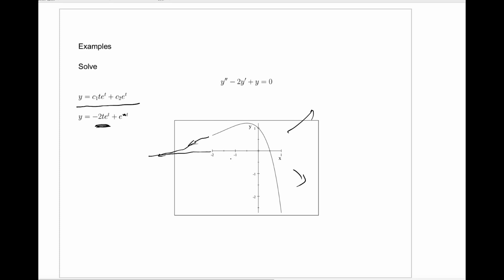You would have other solutions that look just like this, that just blow up and stay positive the whole time if both coefficients are positive. Or you could have solutions that just blow up in the negative direction entirely, or you could have solutions that cross the axis at most once. There are many different possibilities.